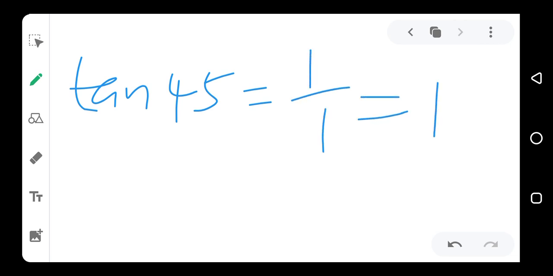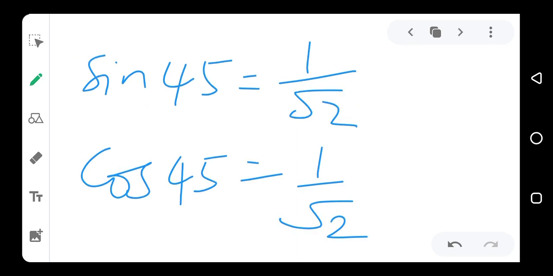This gives us 1. So we now know that sine 45 and cos 45 are equal, while tan 45 is equal to 1.